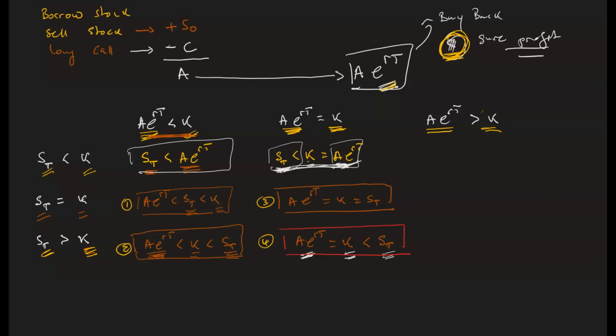We have two ways in which we can buy back the stock. We can either buy it back by using the option, or we can simply buy it back in the open market. If we bought it back using the option, we would be buying back at the strike price. If we bought it back using the open market, we will be buying back at ST, which is even lower than the strike price. And so there will be an arbitrage opportunity here, because the future value here is greater than K, which is also greater than ST. So yes, there is an arbitrage opportunity here.